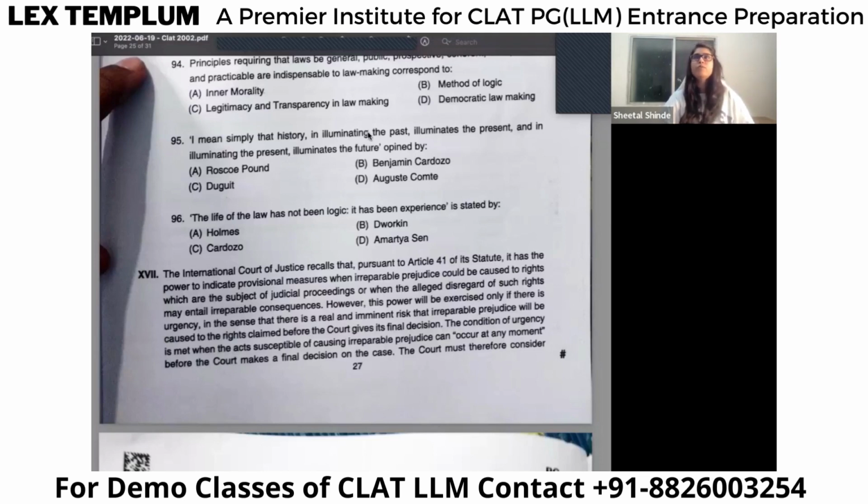Because last time also when we analyzed the paper and predicted the cutoff, the accuracy was 100% by Lex Templum when we predicted it last year and the year before. So this year also we will come up with an analysis which will predict the cutoff and how much marks you have to score. But prima facie, it looks that 61 to 65 is a safe score to get into top NLUs.